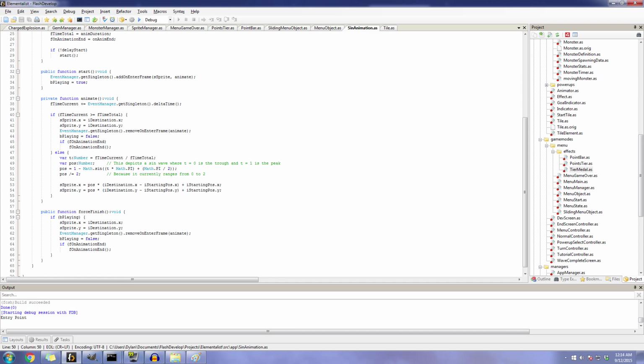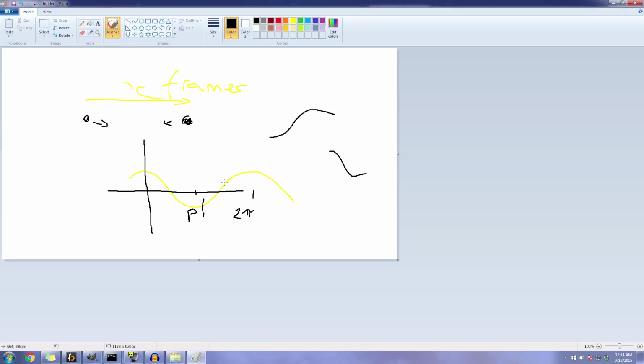The important part is this plus, as I recall, because if you look at what a sine wave actually does, it starts going at its max acceleration going down. If you add half a pi, then you actually go into this trough right here.